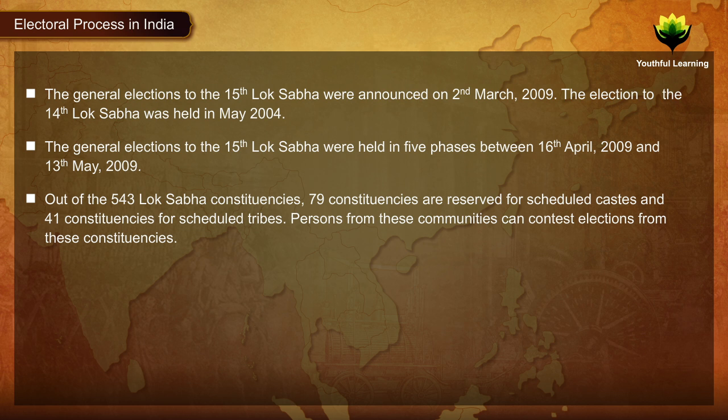Out of the 543 Lok Sabha constituencies, 79 constituencies are reserved for scheduled castes and 41 constituencies for scheduled tribes. Persons from these communities can contest elections from these constituencies.